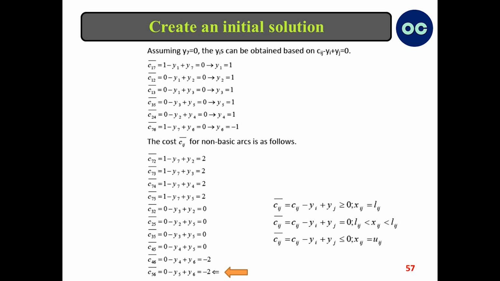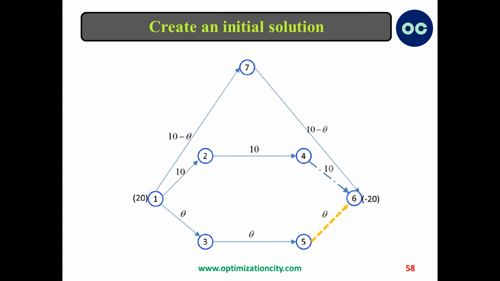Again, we calculate the yi for all nodes, and we then calculate Cij for all non-basic arcs as follows. Because arc 5,6 is at the lower bound and does not meet the optimality condition, again it enters the base, and let's determine the output arc using this process.